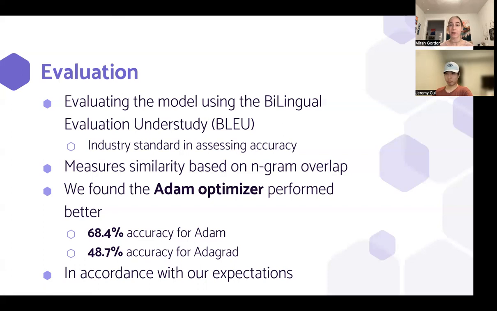What this can be interpreted as is that the Adam optimizer is computationally more efficient and is able to update the weights for a better and faster learning rate, which we can see in the fact that the training on Adam took less time compared to the Adagrad, as well as having that higher accuracy score. And this was more or less in line with our expectations from research we had done beforehand.